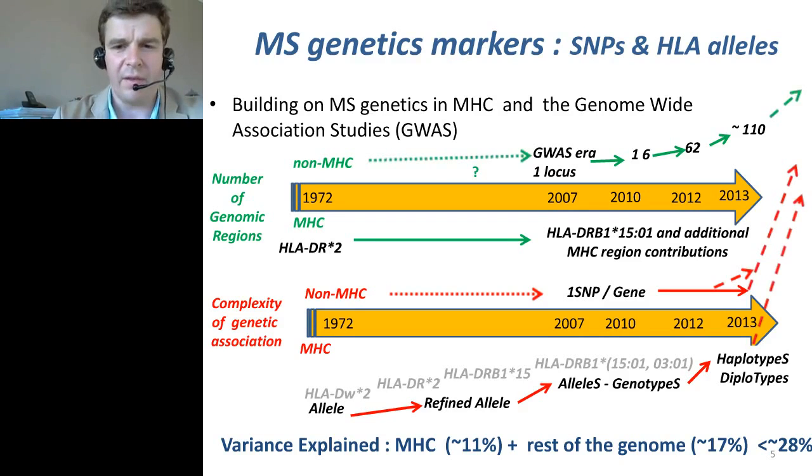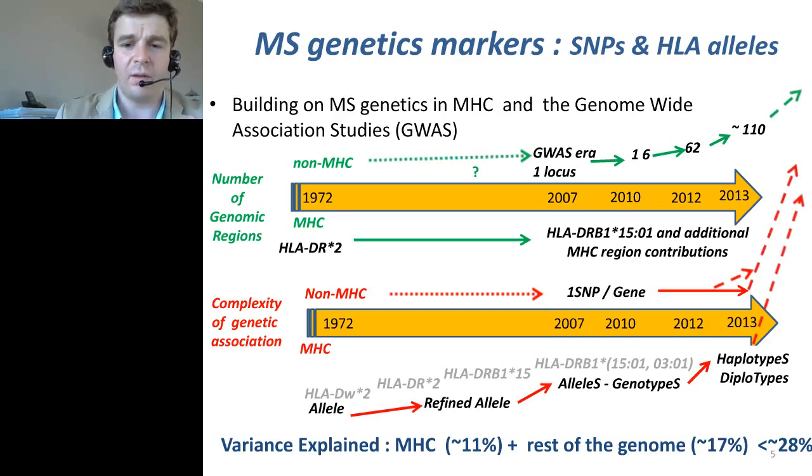So since 2007, this GWAS era really changed our understanding of MS. In particular, outside the MHC, we found many additional genes, namely 16 in 2010, 62 in 2012, and a few months ago we published another Nature Genetics paper where the number of loci associated with MS risk is about 110.